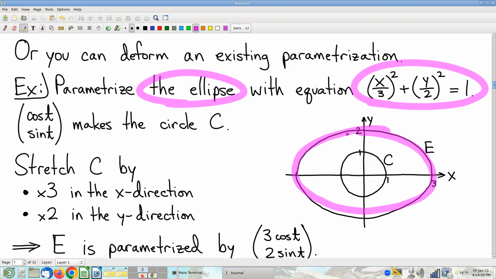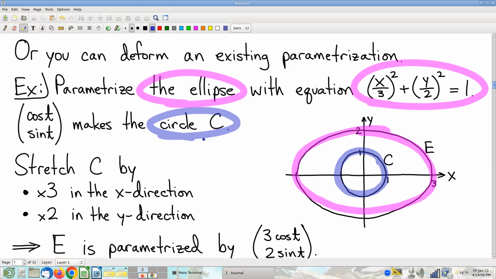Now I'm going to remind y'all, ellipses are what you get when you stretch out a circle. Hope everybody remembers that from geometry class long ago. If you take a circle and stretch it by some factor in the x direction and by some factor in the y direction, the result is an ellipse.